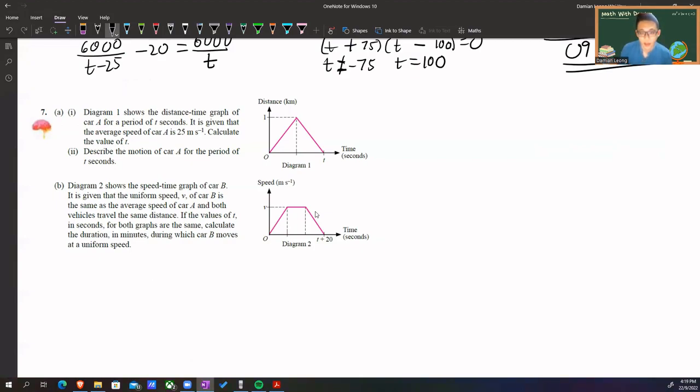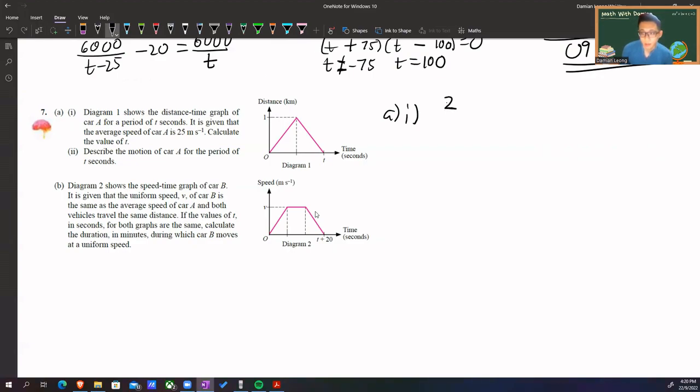So average speed of car is 25 meters per second. I want to find t. So total distance traveled means 1 km and another km, because it goes away, comes back.